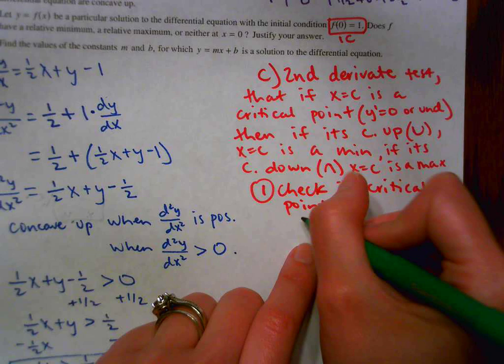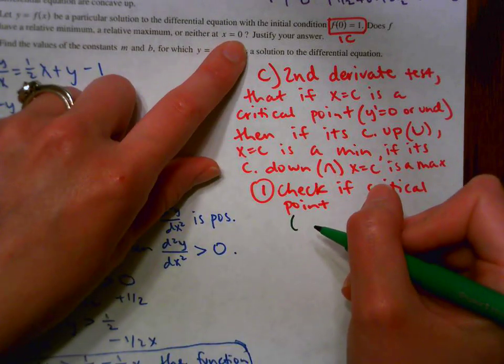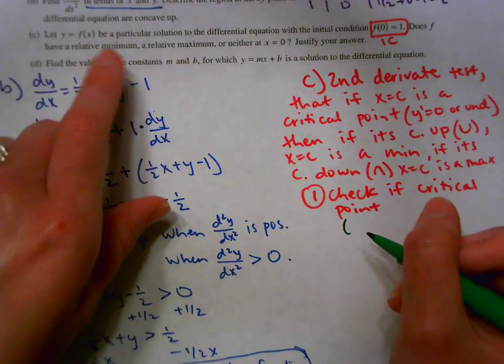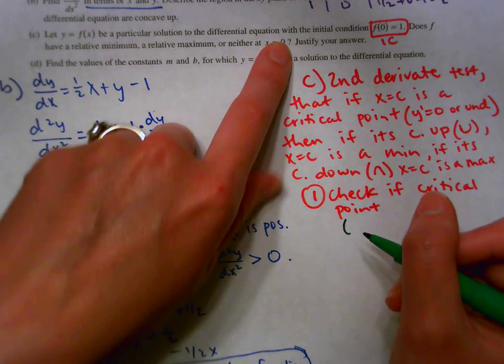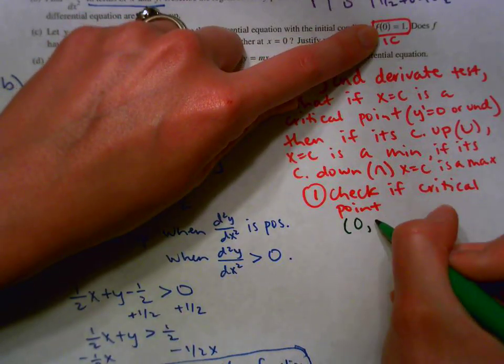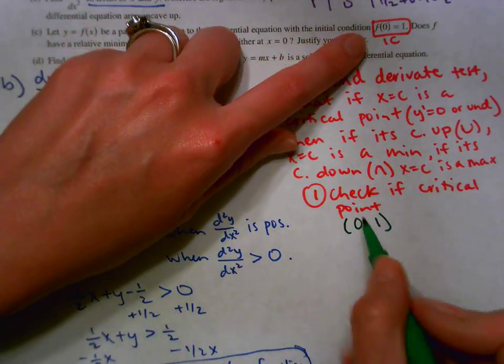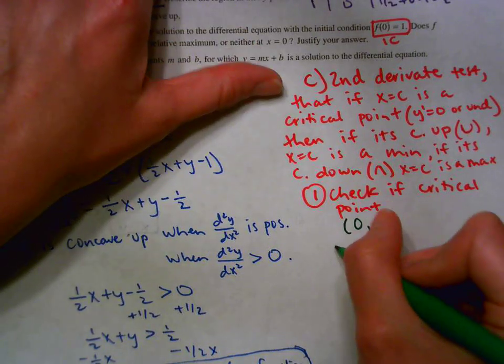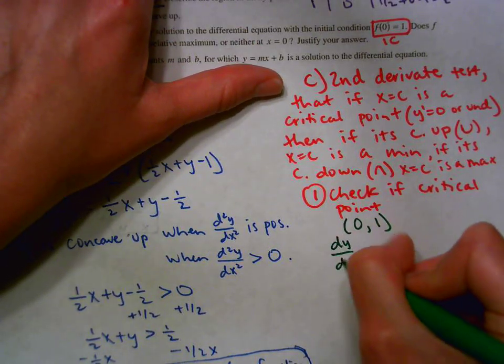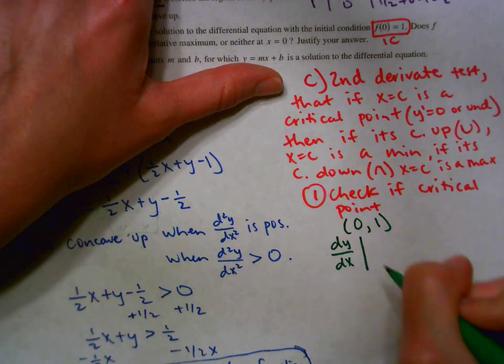Now what point am I talking about? I'm talking about at x equals 0, we're trying to determine is it a relative min, max, or neither, and we know at x equals 0, the ordered pair is (0, 1). So we're going to plug this into our derivative first. The notation you use is the derivative, and you draw a line and you write that ordered pair.